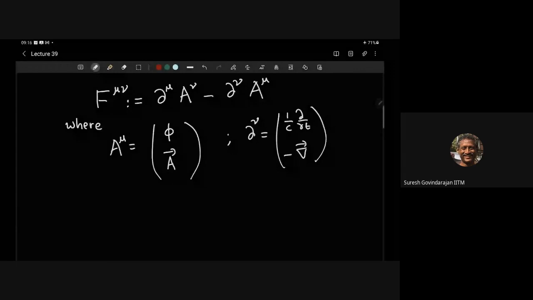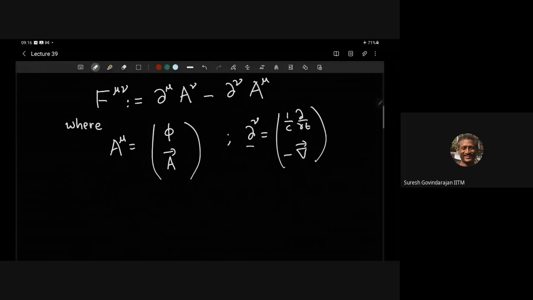Okay, so I've defined all these things. This is just a derivative. It's a four derivative as opposed to a three derivative, but it's a natural generalization of del.